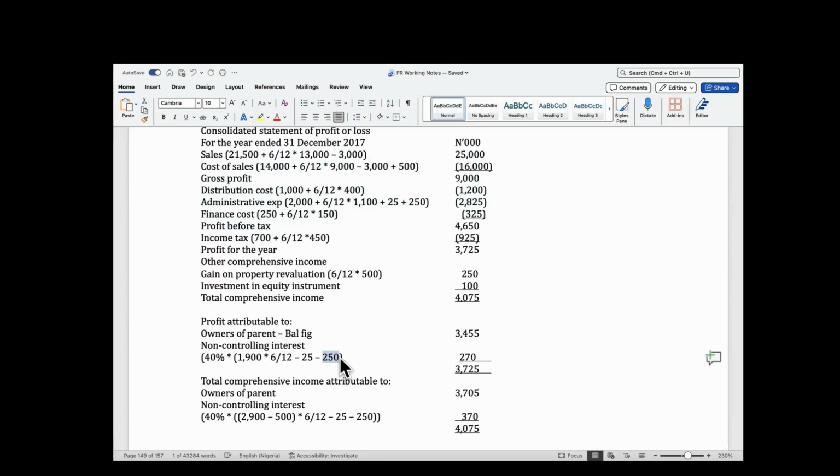When NCI is measured at fair value, he would also have a share of goodwill, making him have a share of the impairment loss. So for him to have a share of the impairment loss, we will usually deduct that impairment from the subsidiary's profits so that both the parent and the NCI will suffer the impact of that loss. And that's why this is coming here.